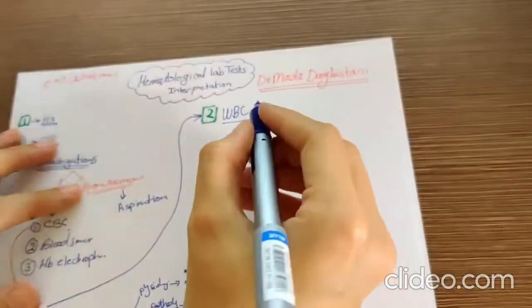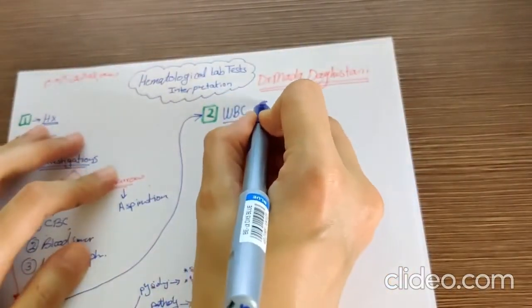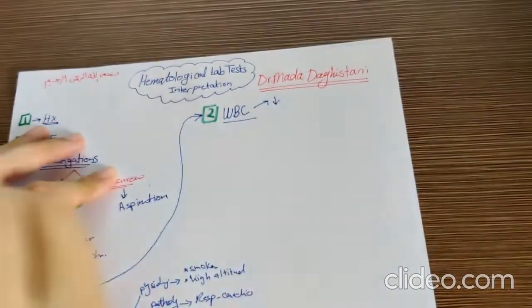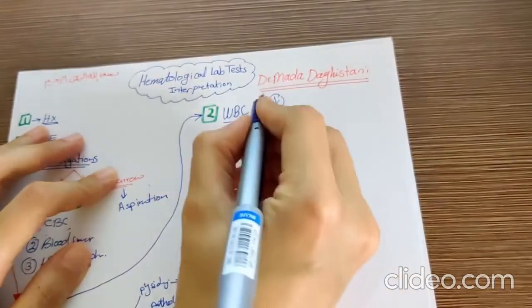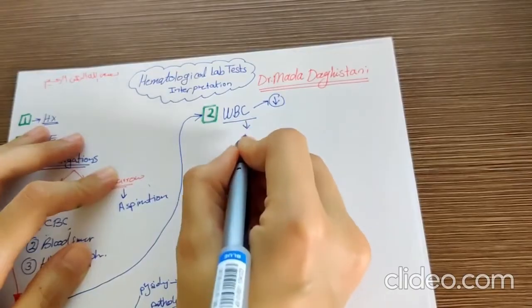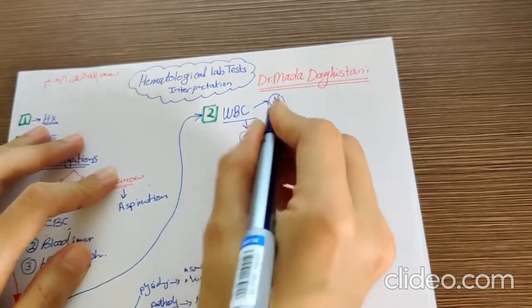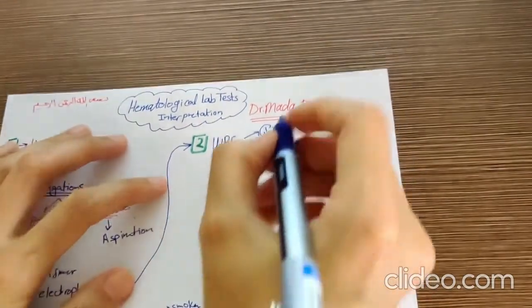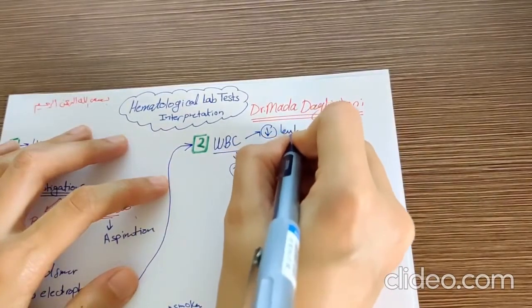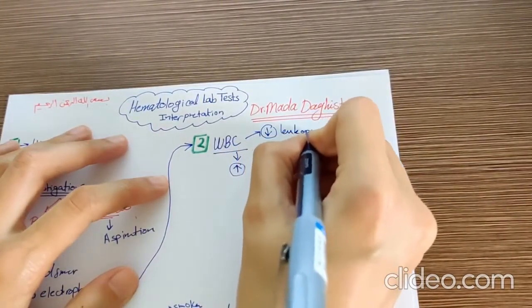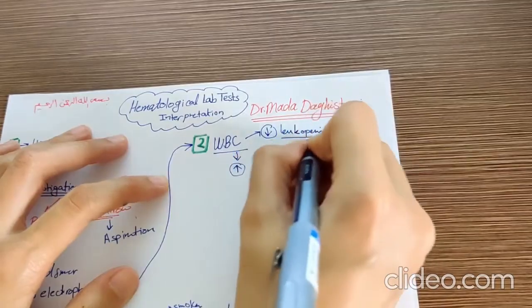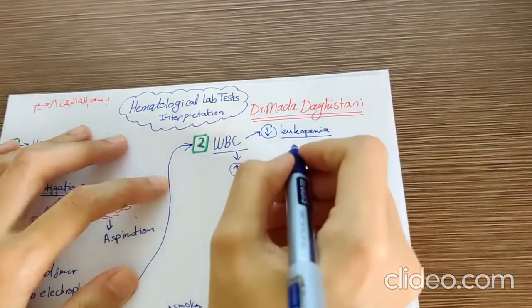The WBC, we can have a low WBC number, or it can be a high WBC number. If it is a low WBC number, it is leukopenia. What are the causes of leukopenia?